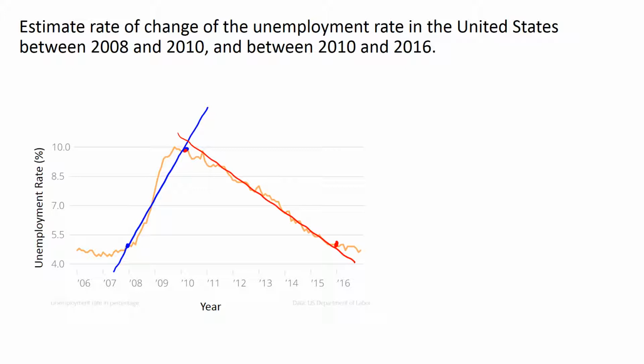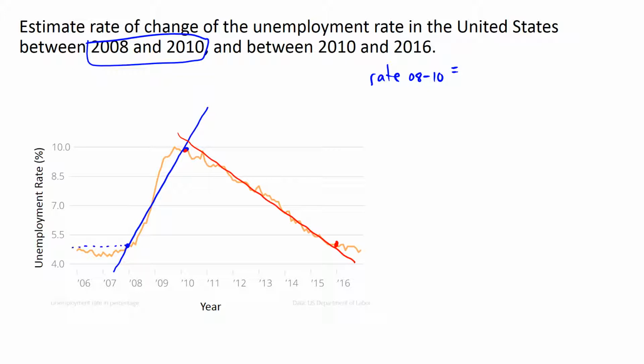So I need the rise and the run for each of these two sections. I'll start with 2008 to 2010 in blue. So the rate from 2008 to 2010, and I need the rise and the run. And again, these are estimates, so I'm going to focus on making these estimates a little more quickly.